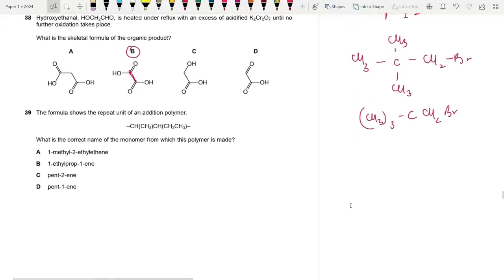39. The formula shows the repeat unit of an addition polymer. What is the correct name of the monomer from which it is made? I write C. I'm writing this C over here.